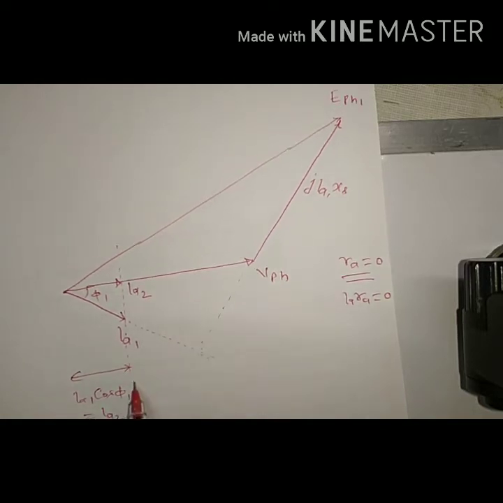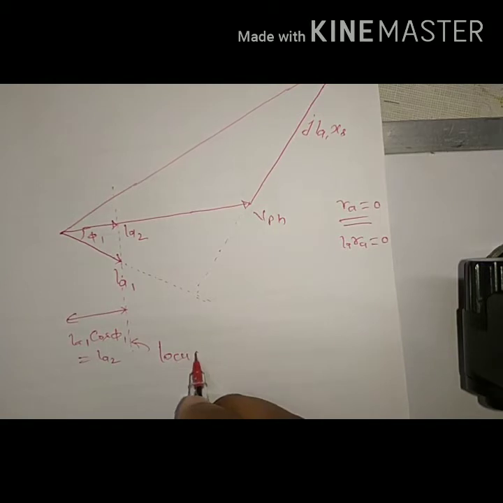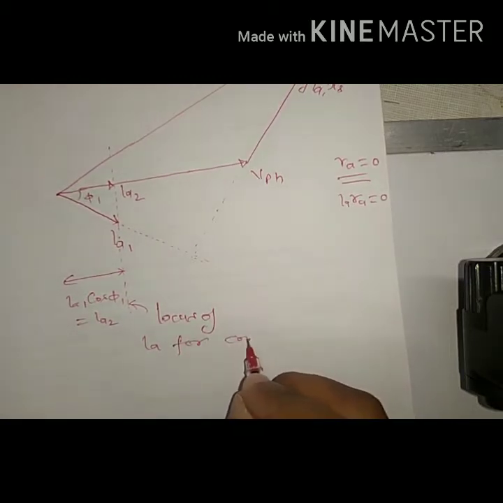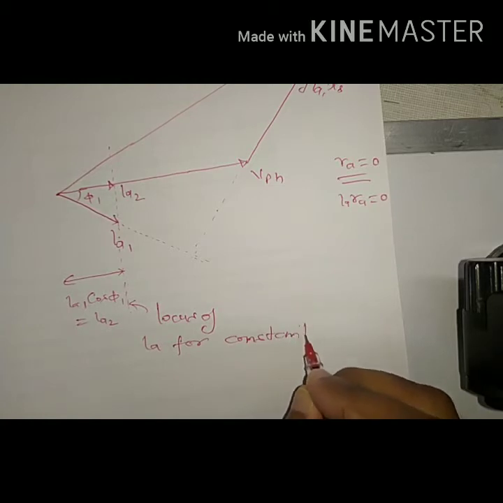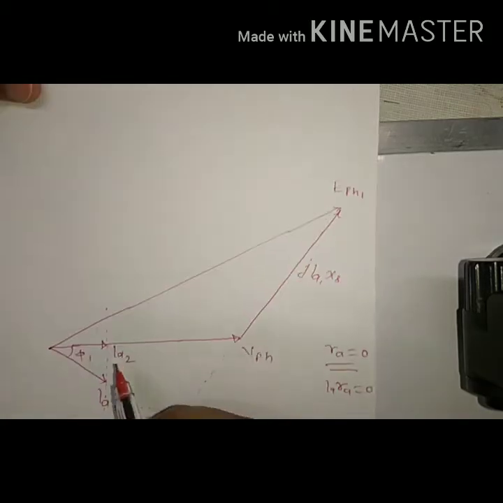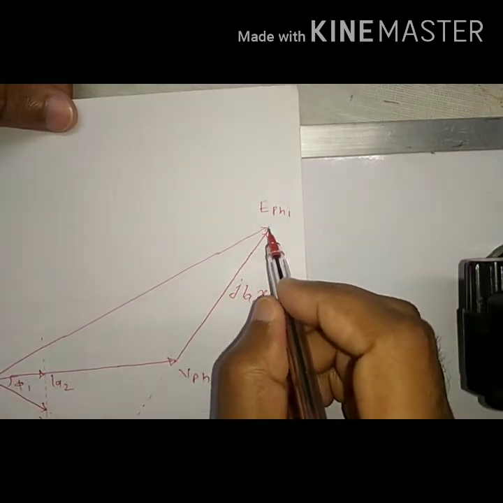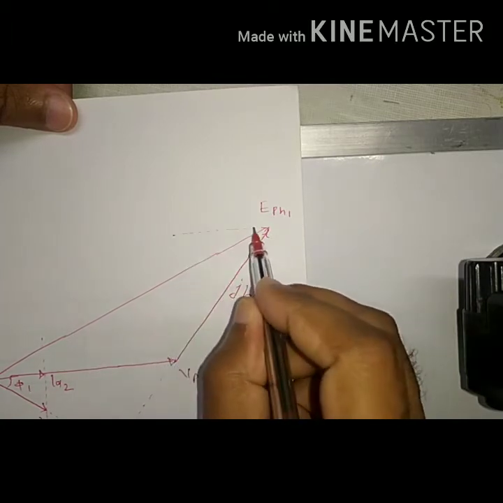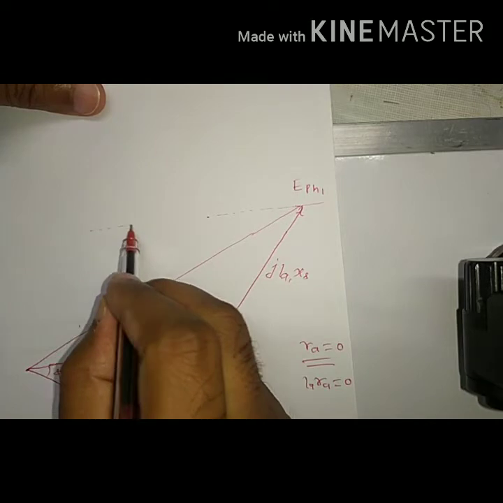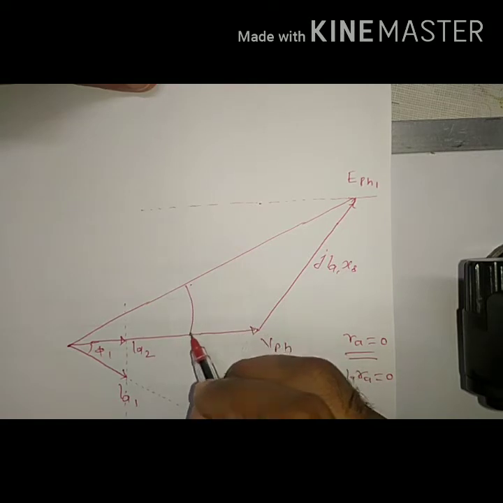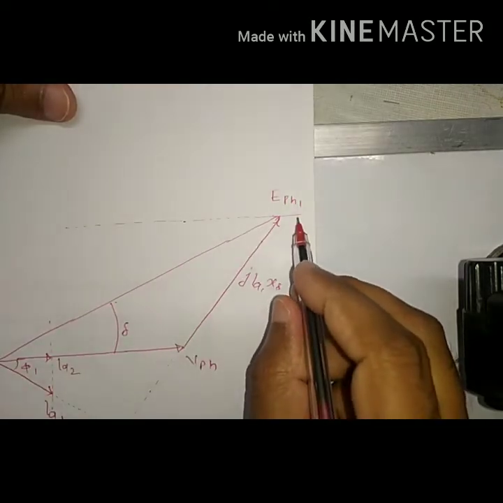So this will become the locus of armature current for constant power. So when I am taking I_A2 here, and at the same time, what will be the locus of E_PH to maintain constant power? Mind you, this angle is delta. So what will be this length?